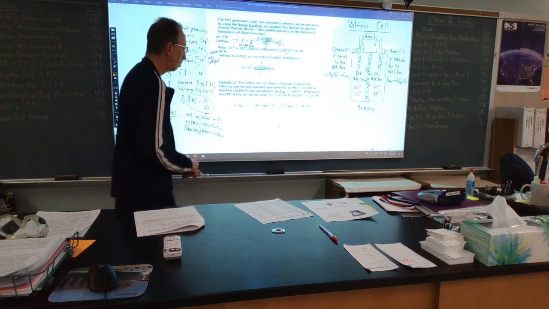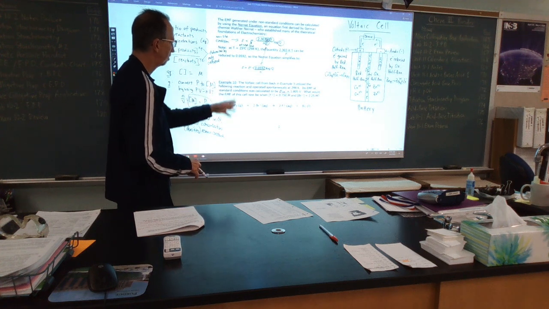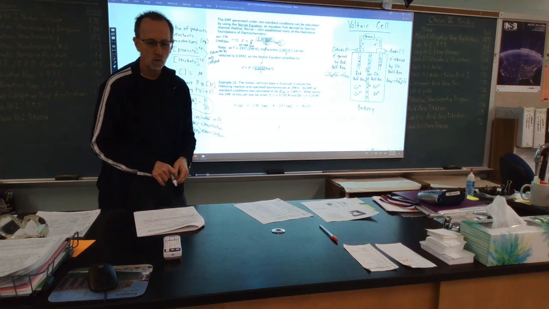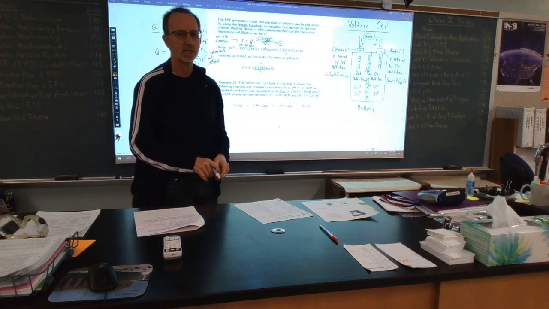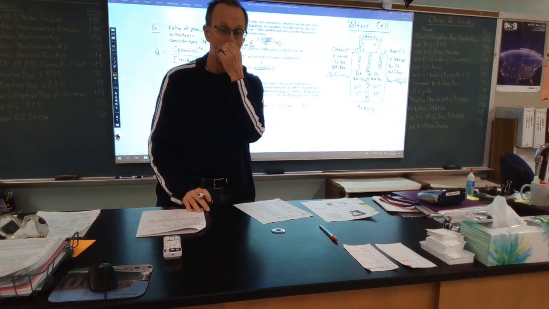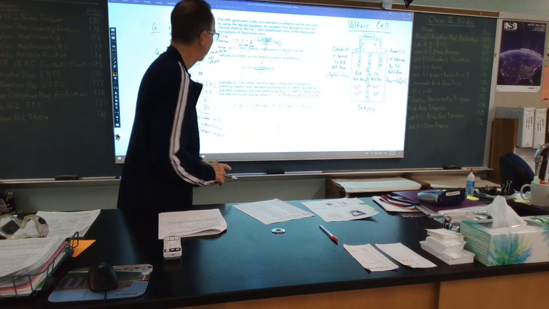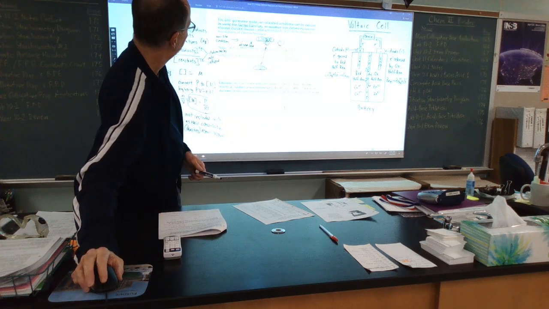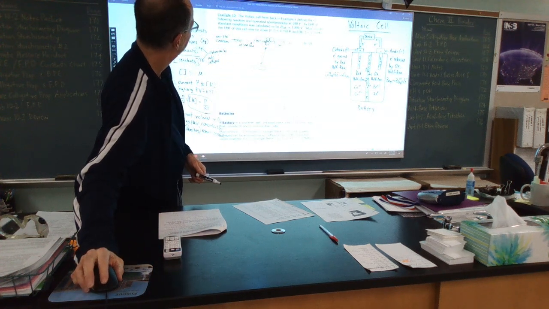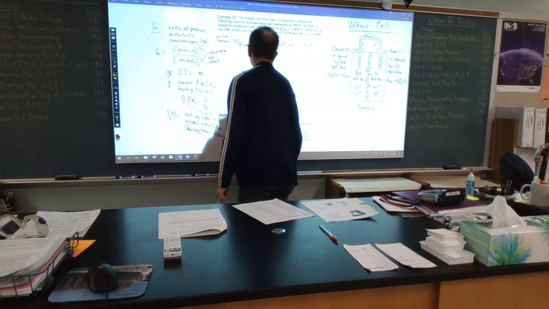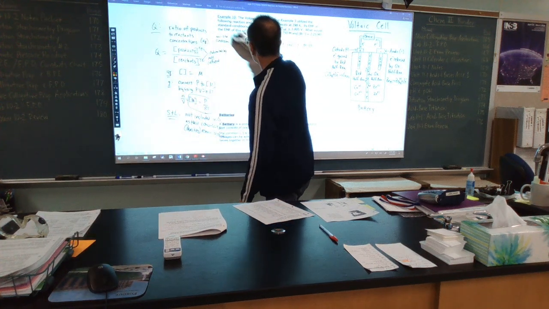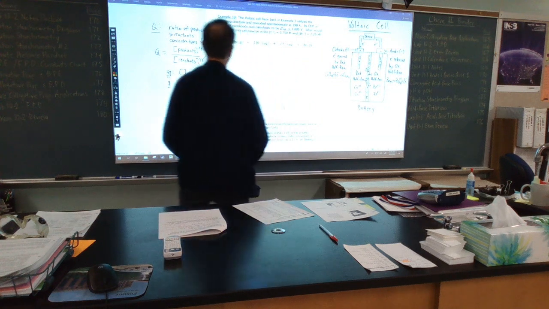All right. So let's do an example here whereby our concentrations are not standard, and we'll see how the E value comes out there. So let me scoot this up here. Okay.